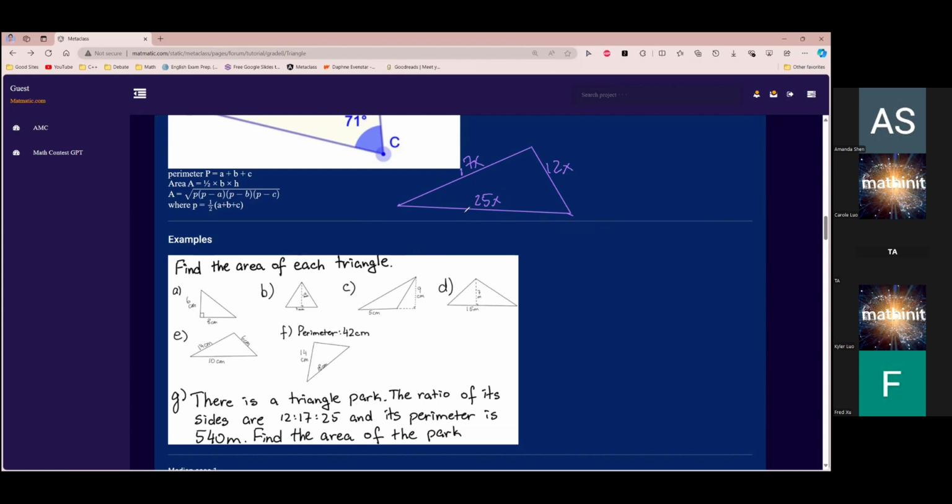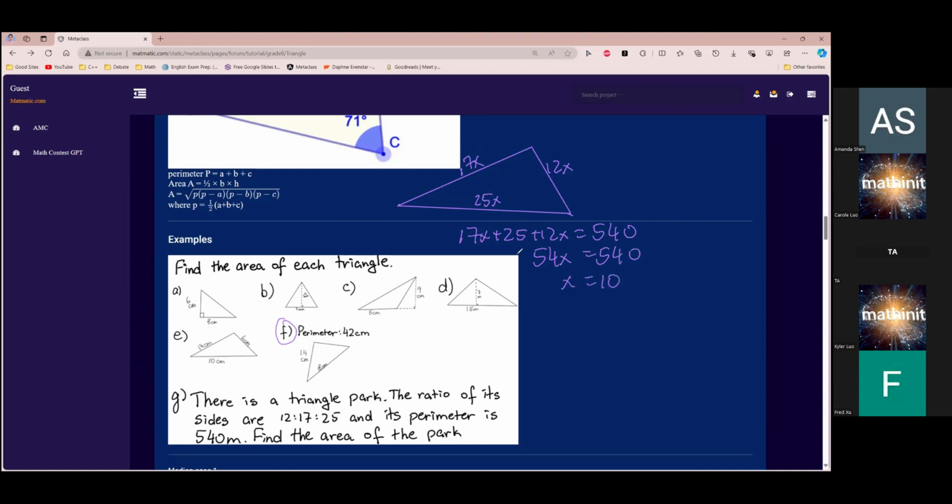So you know that the perimeter is 540 meters. The same thing as this question, you could say 17x plus 25x plus 12x equals 540. So you get 54x equals 540, so then you could get that x equals 10.